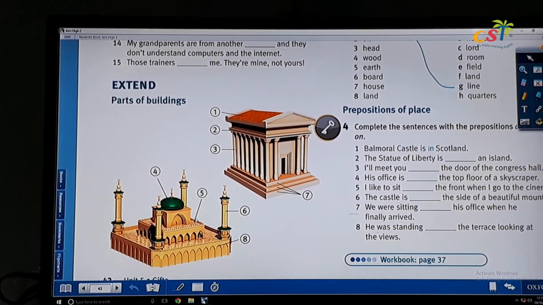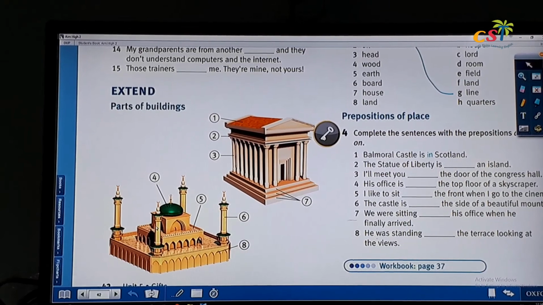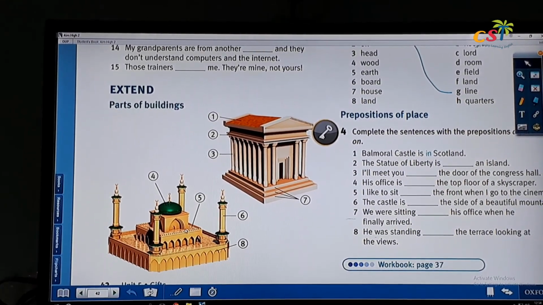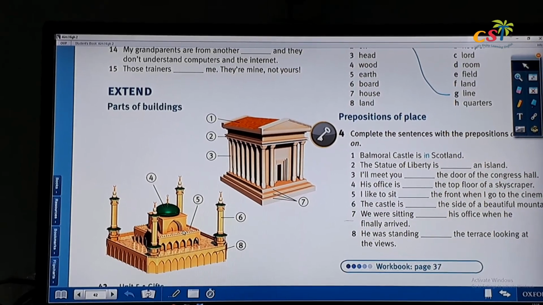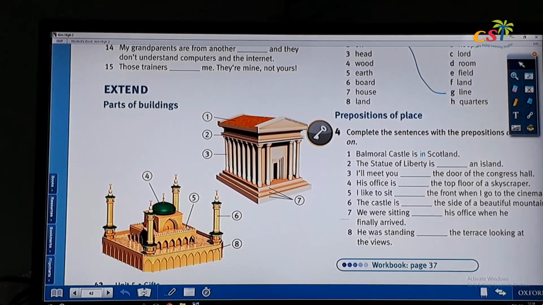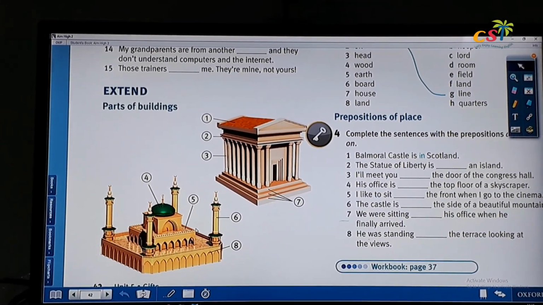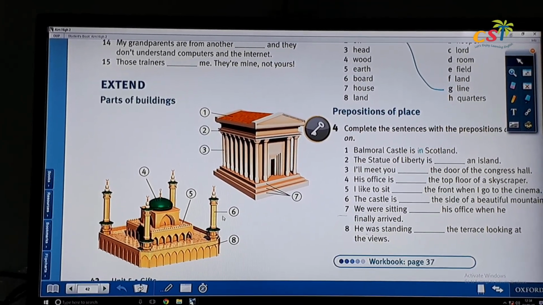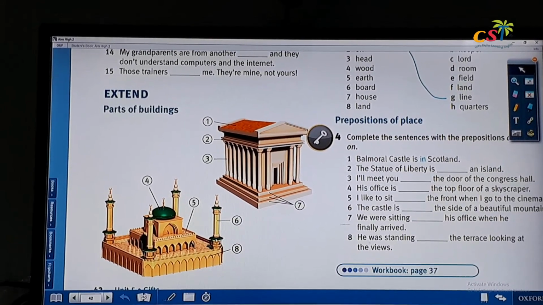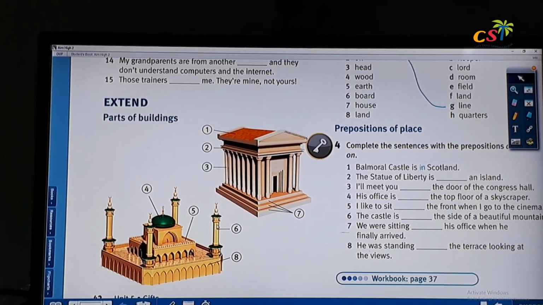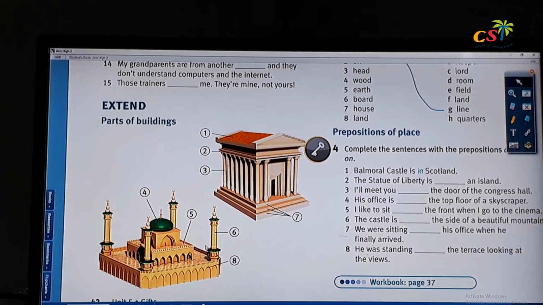Number 5, this one we call it terrace. Yes, terrace. In Bahasa, it's terrace, that's right. It's actually almost the same with the English word. Next one, number 6. We call it minaret. Okay, minaret. This is a tower in a mosque.